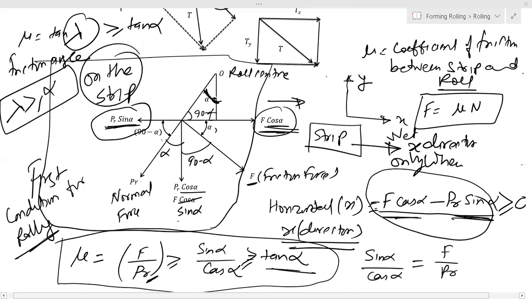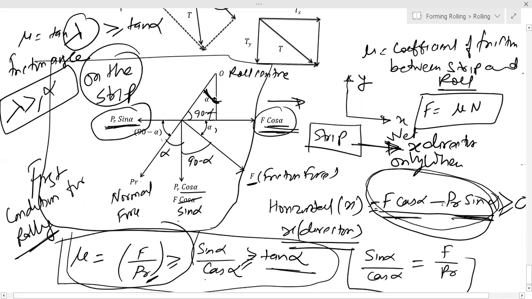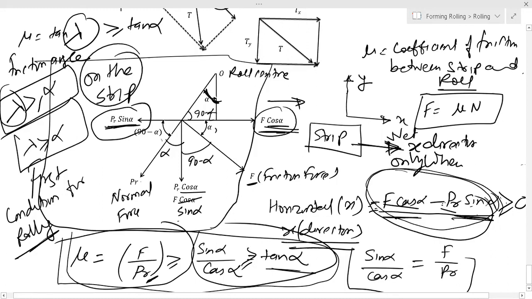And the bottom part that I told, this force must be greater than or equal to 0, because in the horizontal direction the strip moves. Then in equilibrium condition I wrote this, and finally I said this is the friction angle and lambda is greater than alpha. The big deal was up to this point: F cos alpha minus PR sin alpha greater than or equal to 0.